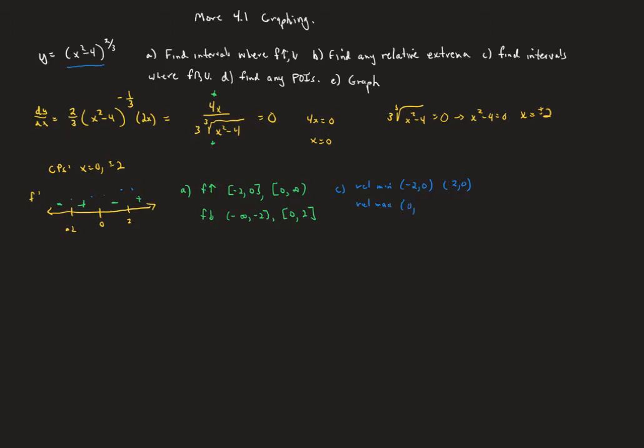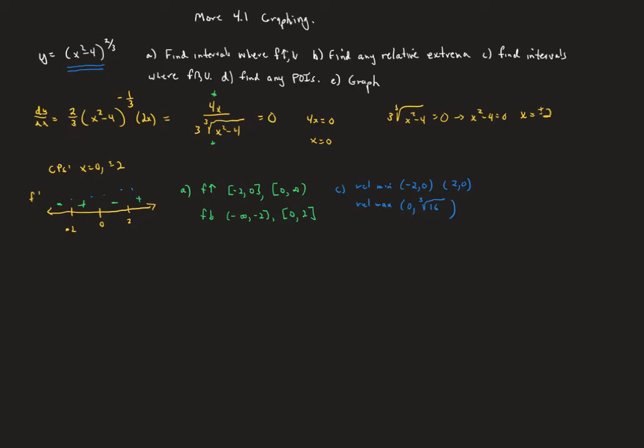When we plug 0 into our original, we get the cube root of negative 4 squared. I'm going to do the squaring first: negative 4 squared is 16, so it's the cube root of 16. Not a real nice number, but we can figure out where to place it when the time comes.